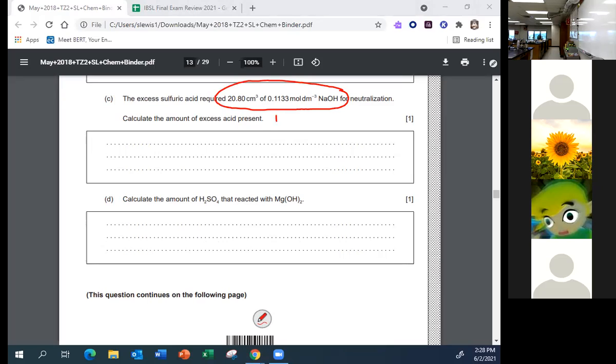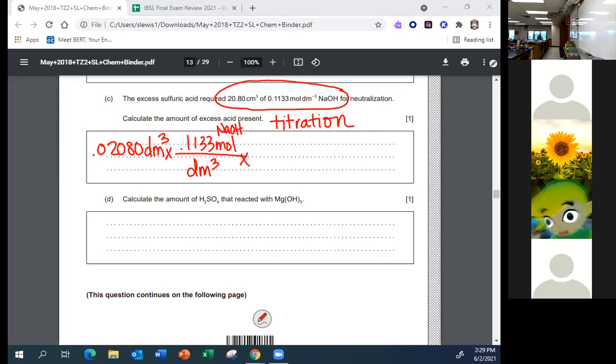This is basically a titration. So now we're going to react whatever H2SO4 was left over from that experiment with this sodium hydroxide. I'm going to do 0.2080, put that in cubic decimeters, 0.02080 cubic decimeters times 0.1133 moles of NaOH per cubic decimeter.